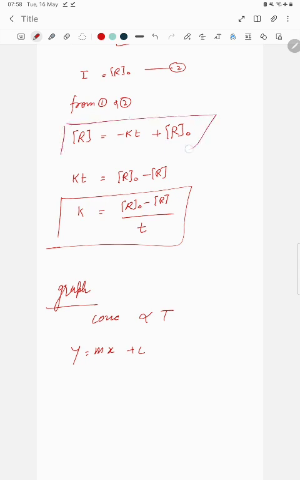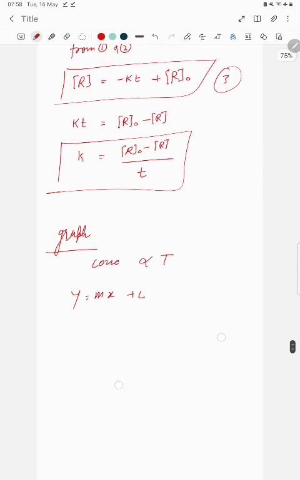See equation 3, students. Check equation number 3. Here R is equal to minus kt plus R naught.